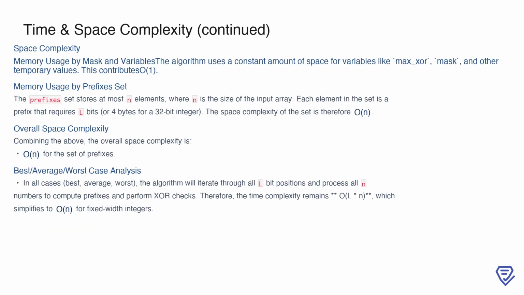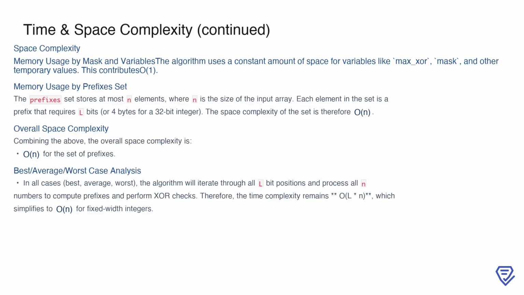The space complexity of the algorithm is primarily influenced by the storage requirements for variables and the prefixes set. Variables such as max_XOR, mask, and temporary values require a constant amount of space, contributing O(1). The prefixes set, however, can store up to n elements, where each element is a binary prefix requiring L bits.